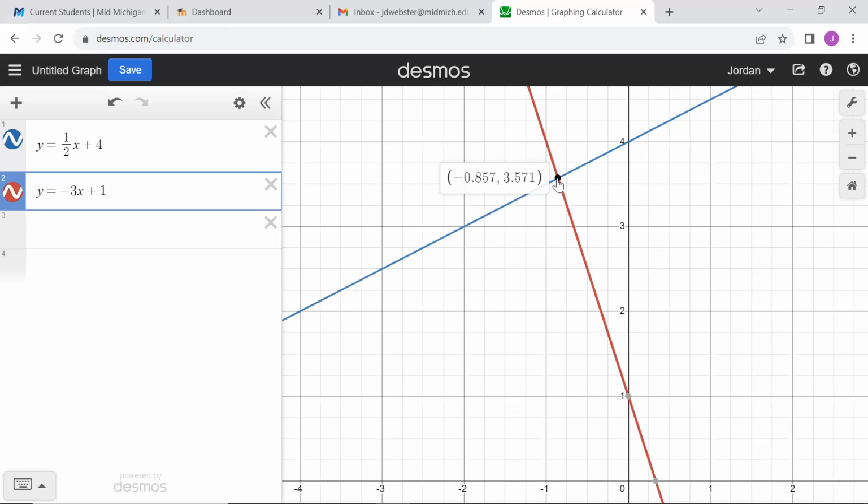But if you realize what 0.857 is, that's basically 6/7. And if you take 0.571, that's basically 4/7. So let me rewrite that.